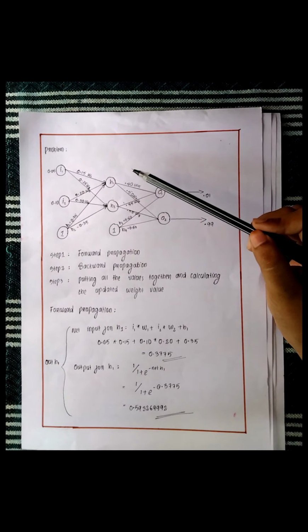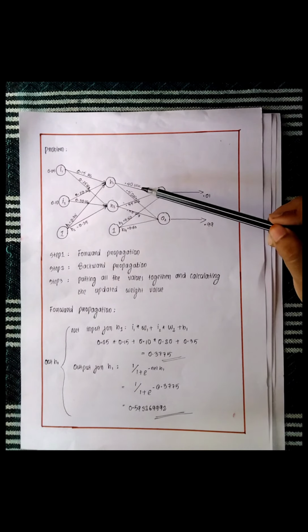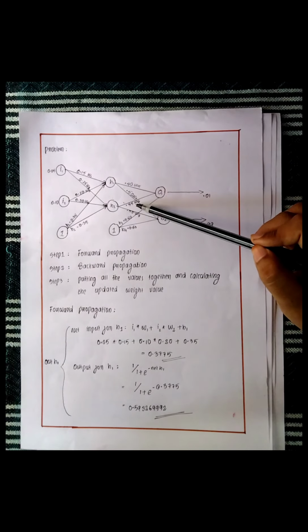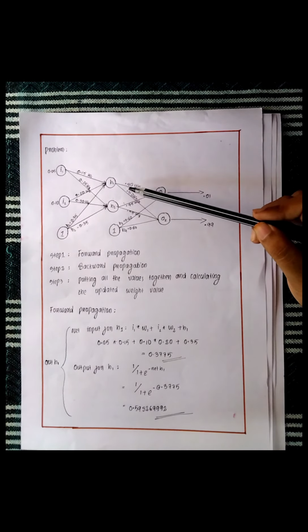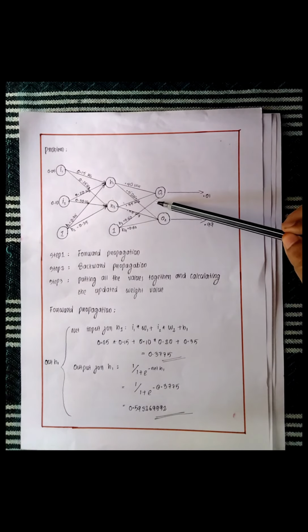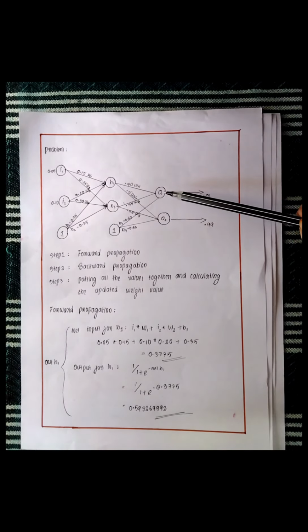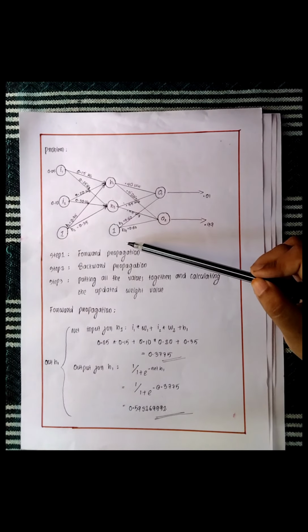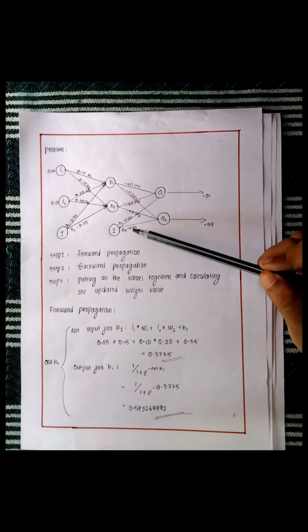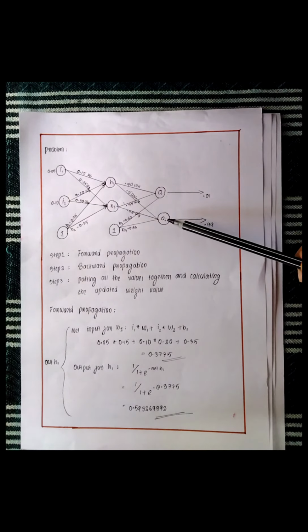Weight 5 and weight 6 go to O1, and weight 7 and weight 8 go to O2, and the biases B3 and B4 are the same for both O1 and O2.